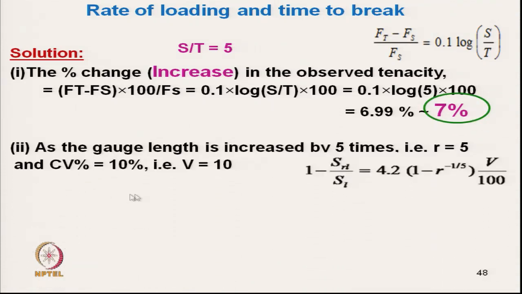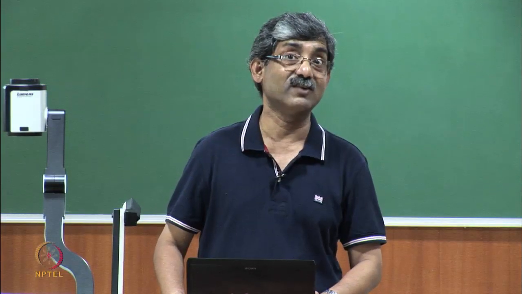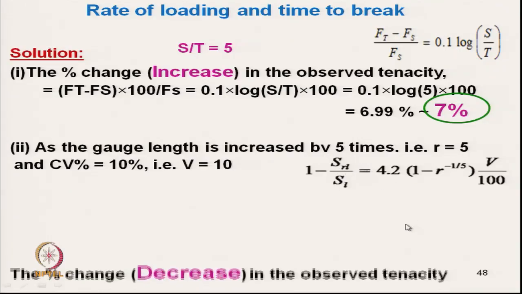We will simply use this formula, and if you multiply this with 100, it is nothing but the percentage change in strength, because of (S_L minus S_RL) by S_L, and this 100 will come on the left hand side. Simply it will give us the direct value of percentage decrease in strength. S_L is more than S_RL definitely. So, in that case we can directly calculate.